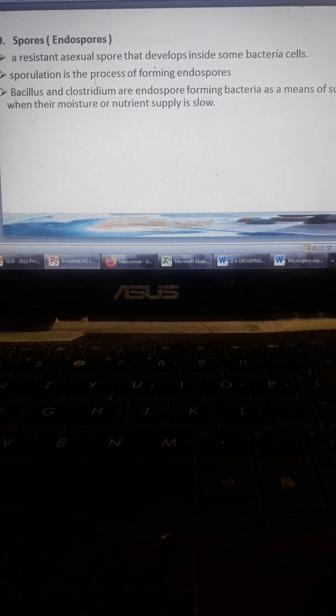They may not appear to have capsules, but spores are for survival. Even if bacteria are exposed to higher temperature or higher moisture, they can still survive because of the protective structure known as the endospores.